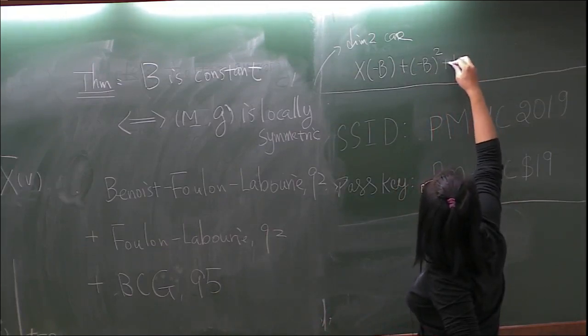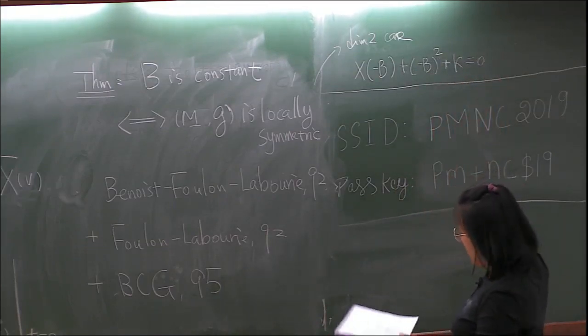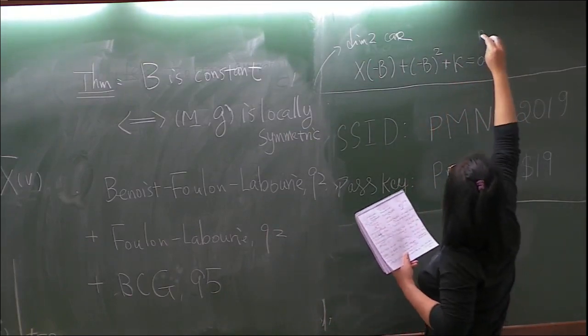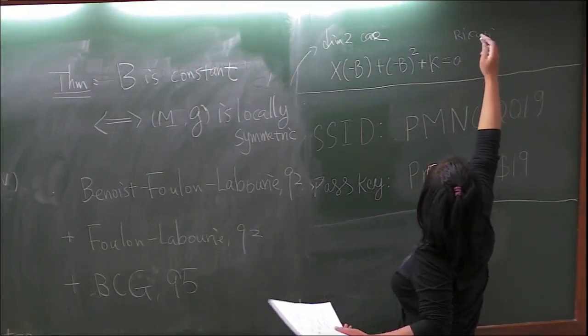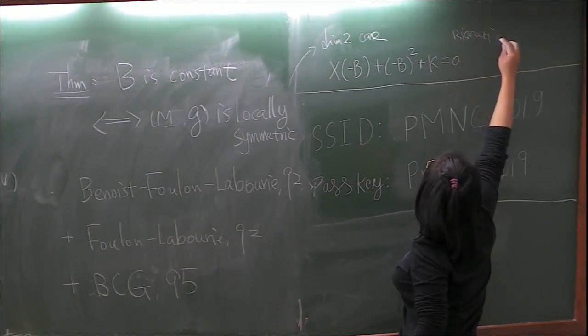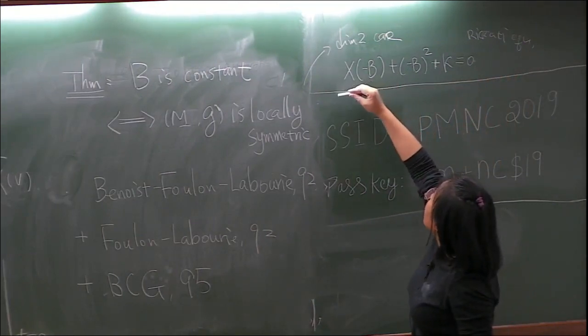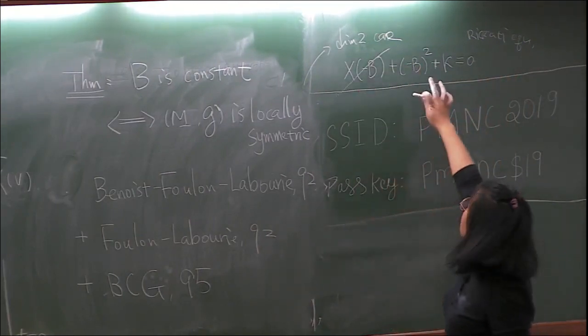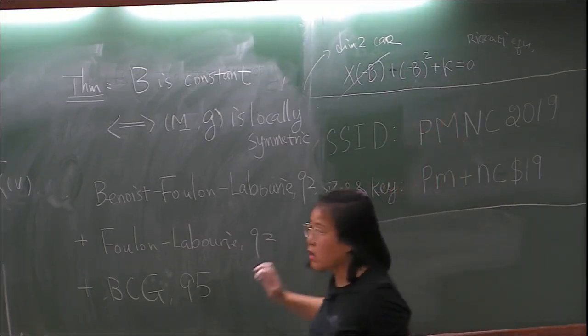Plus the sectional curvature, this is 0. This is the Riccati equation. So in dimension 2 you immediately see, if this is constant, this is 0, so the sectional curvature is constant.